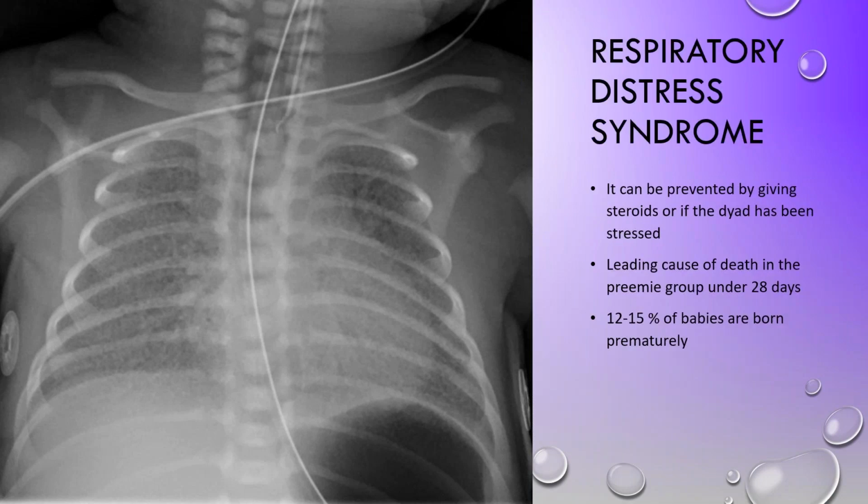Respiratory distress syndrome can be prevented by giving steroids to the mother, or sometimes if there has been quite a bit of stress involved, the babies probably will do okay. But it is important that we get those antenatal steroids in.